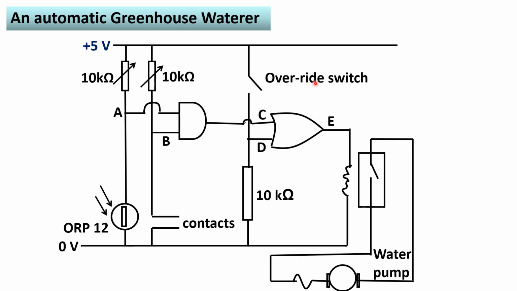Of course, the usual variable resistors. There are two, a 10 kilo ohm variable resistor that is connected to the photocell or the LDR, as well as another variable resistor connected to the contacts. That's for safety purposes.